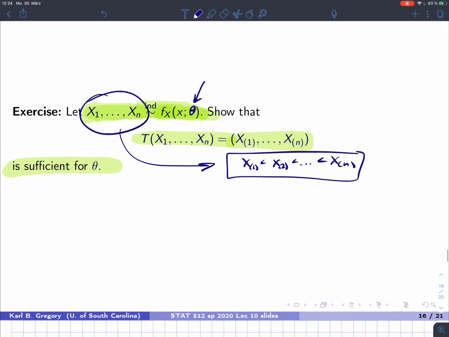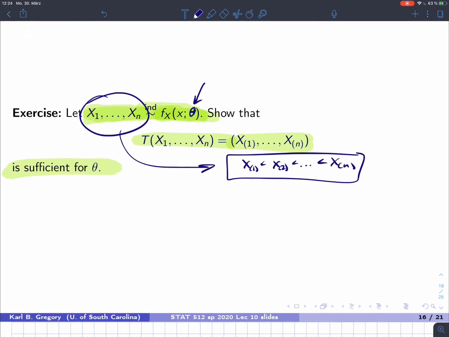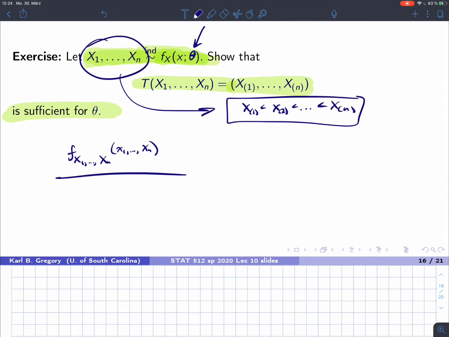So to show it, we're going to go back to the original way that we were showing sufficiency. And that is, we're going to take in the numerator the joint PDF of the random variables in the sample. And now in the bottom, we're going to take the PDF of the statistic. Okay, so our statistic now consists of n values.